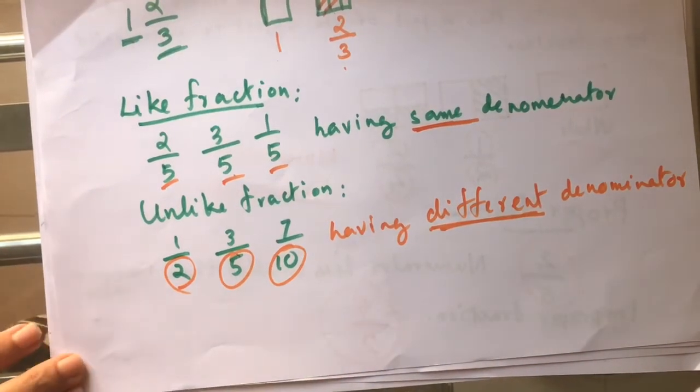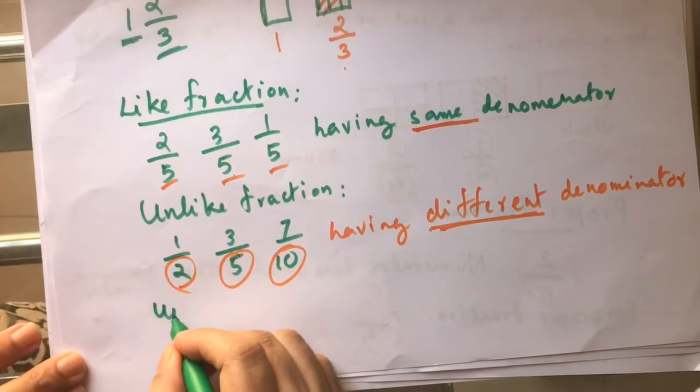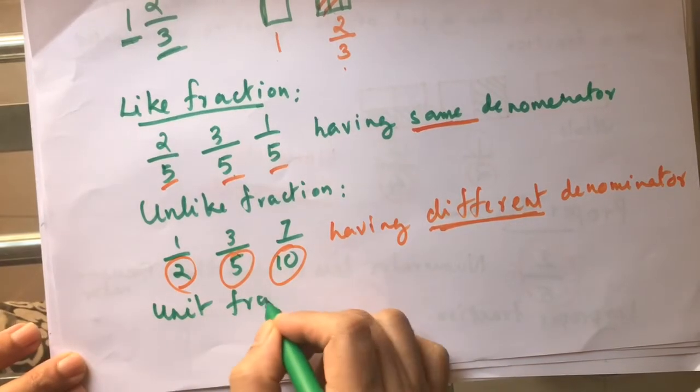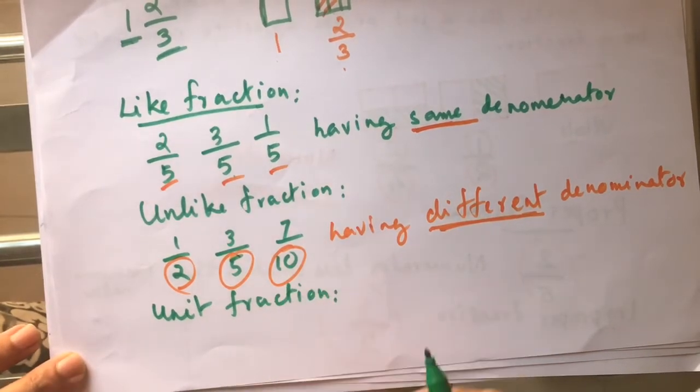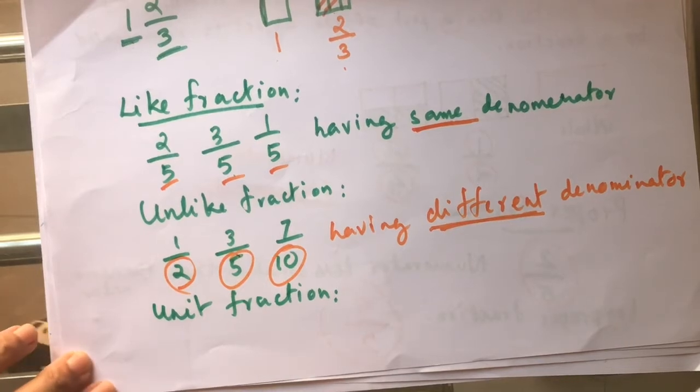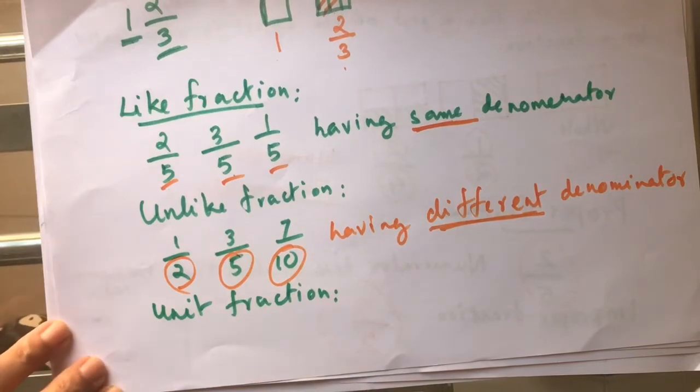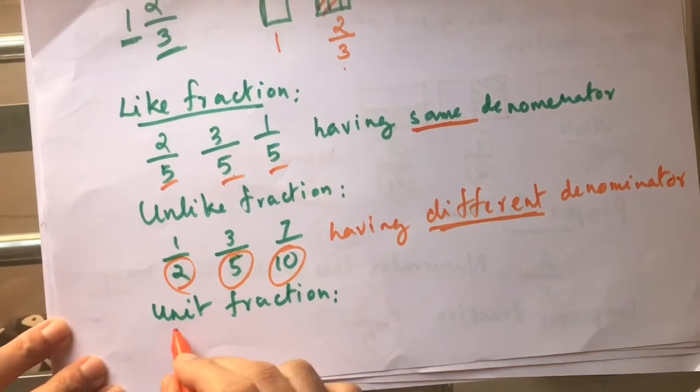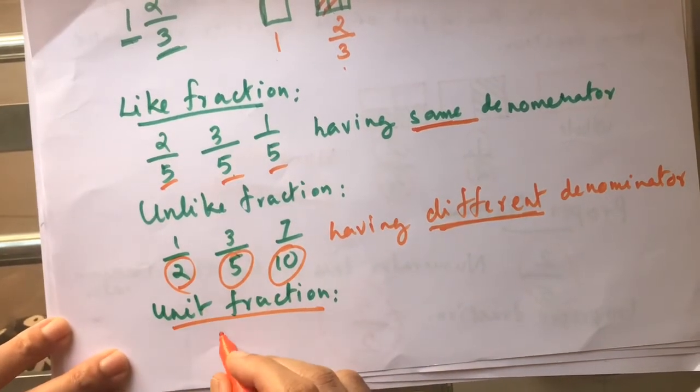The next one is unit fractions. What are unit fractions? Unit fractions are fractions having 1 as a numerator.